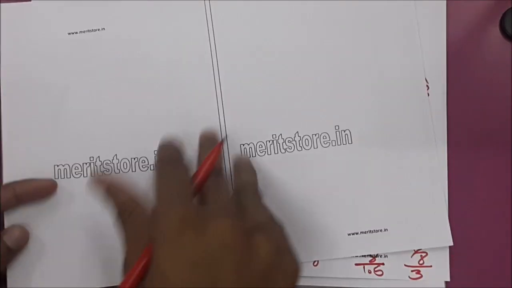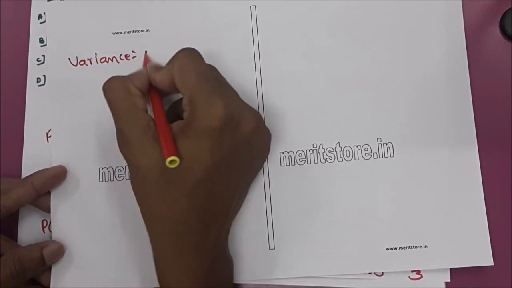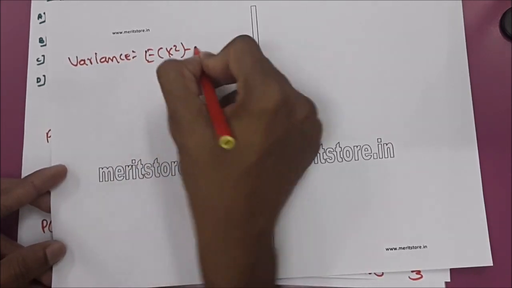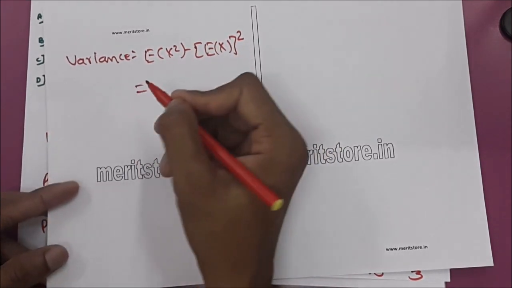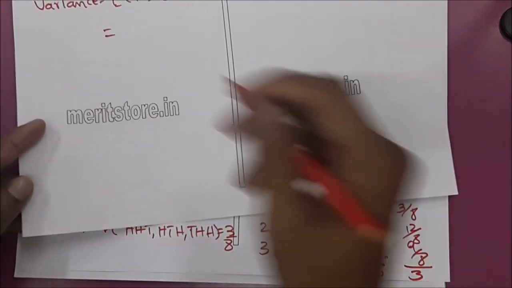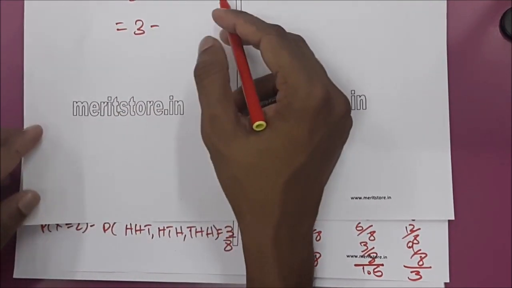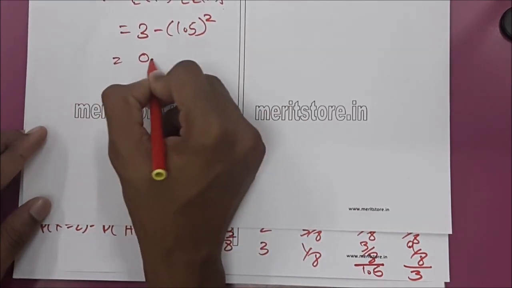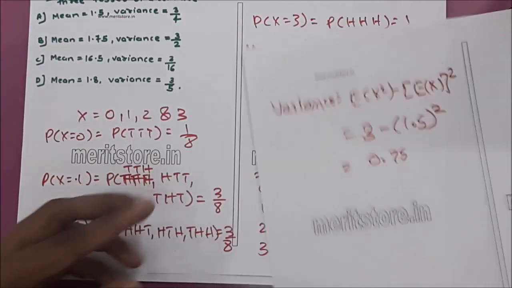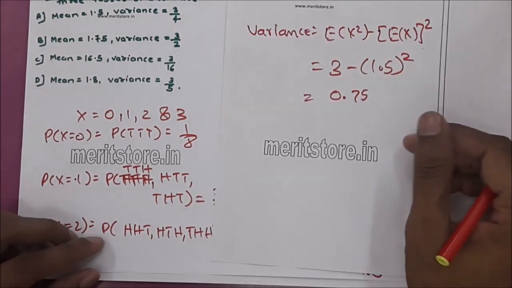So for variance, it is E of x square minus E of x the whole square. We got E of x square as 3, and for E of x the whole square we got 1.5 whole square, which we get as 0.75, which is option.